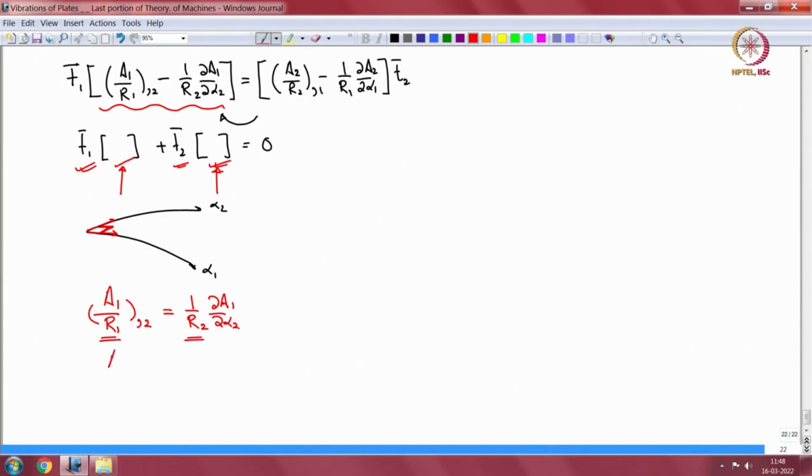Then A2 by R2 comma 1 is equal to 1 by R1 del A2 by del alpha 1. R2 has become R1. These are the Gauss Codazzi relations.